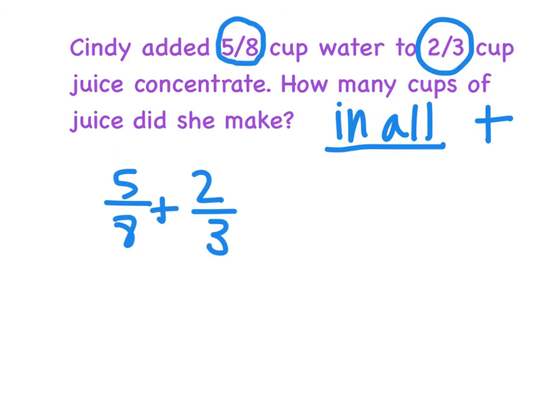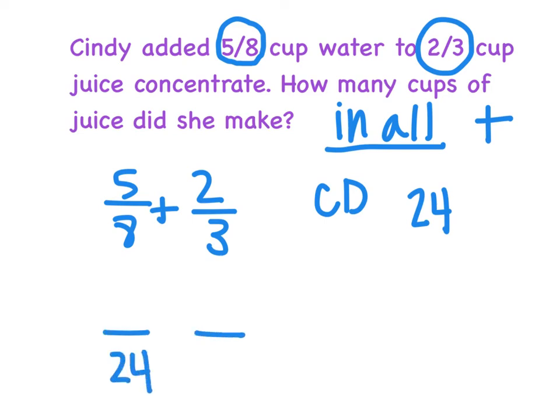Remember our 4 steps when we're adding fractions. The first step is to find a common denominator. 8 and 3 have many different common denominators, but the lowest common denominator that they have is 24. Then step 2 tells me to change each of these fractions, 5/8 and 2/3, into fractions that have a denominator of 24.